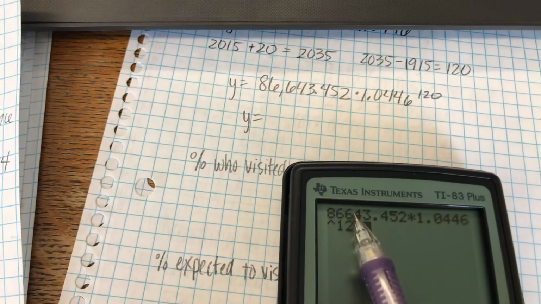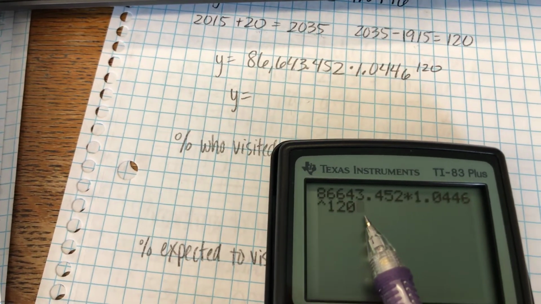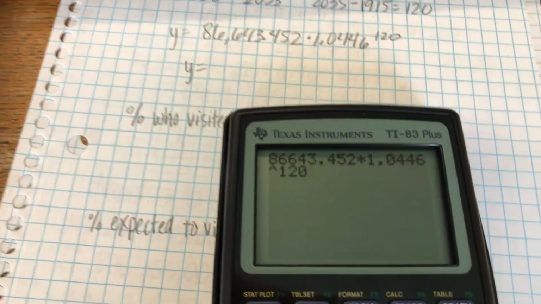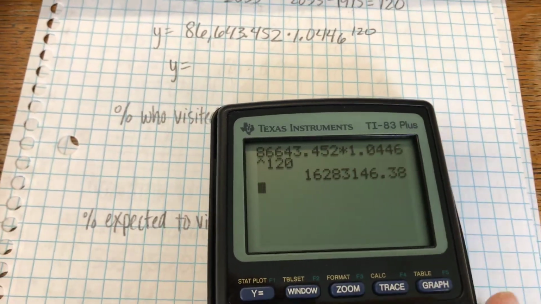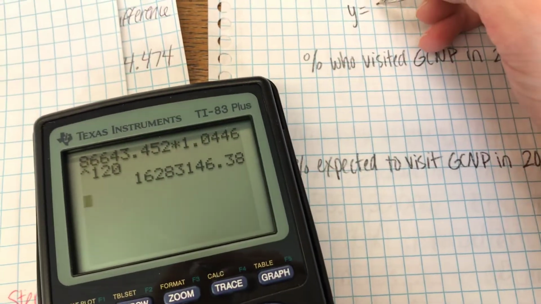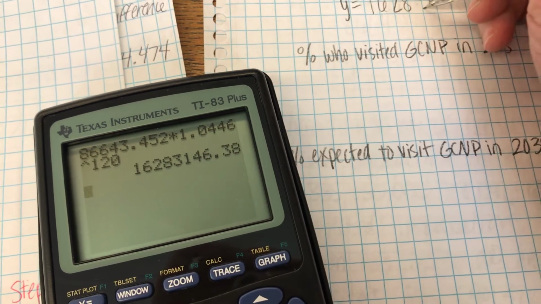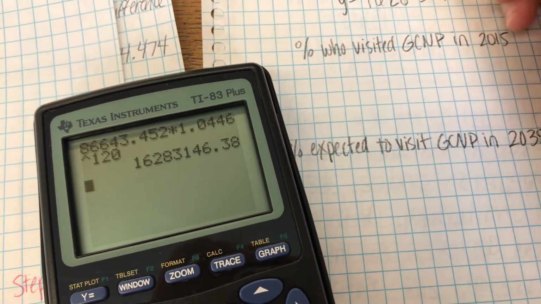Okay, so I just entered the equation that I found, my model, and I put 120 as my exponent, and it says that based on that model, I can expect 16,283,146.